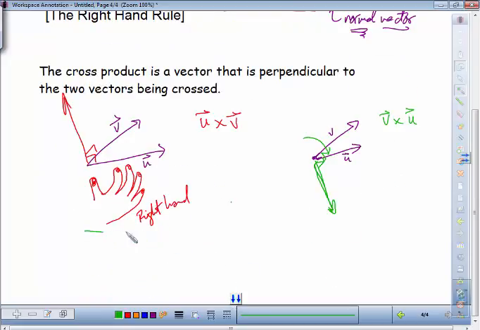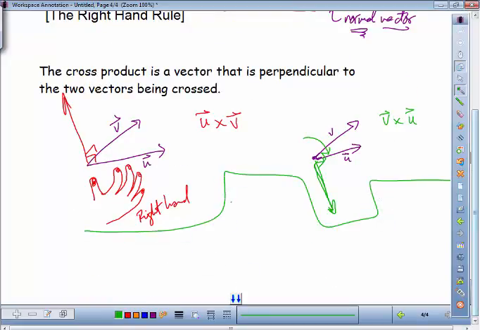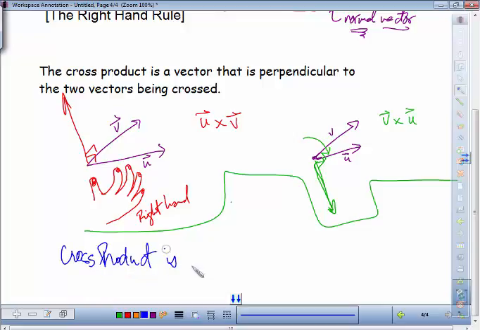And what is going to be our first important property for the cross product? U cross V is equal to negative of V cross U. And the word for that is anti-commutative.